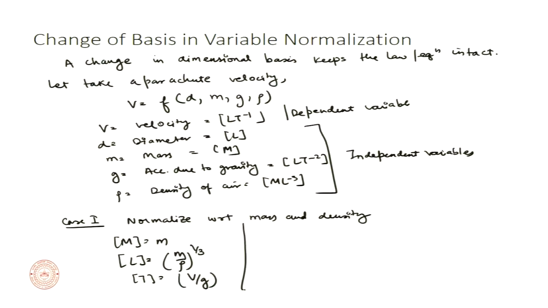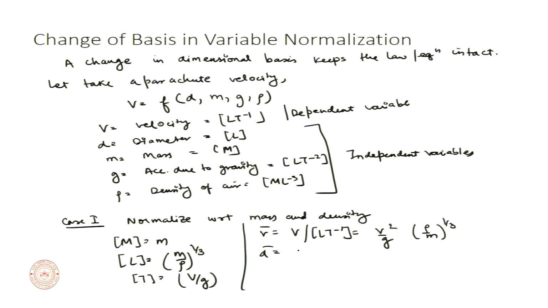So, if we have these, we can then normalize our variables. So, v bar is v into v divided by Lt minus 1, which equals, if we substitute L as m by rho to the power of 1 by 3 and time as v by g, then we will have this to be v square over g, rho by m to the power of 1 by 3.